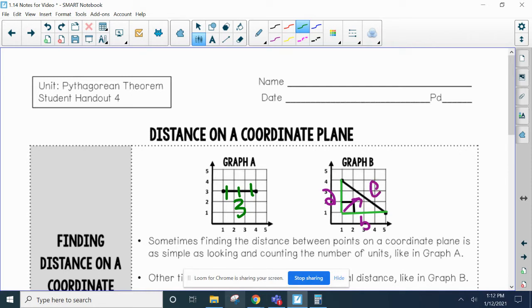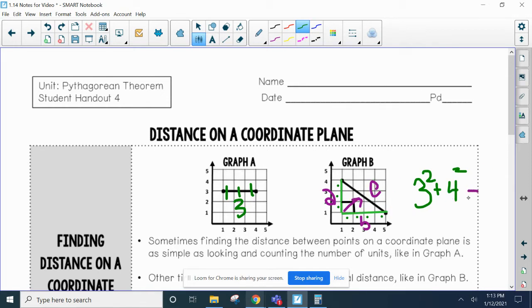We can use the Pythagorean theorem because in a coordinate plane, each of these units is going to form a right angle. So this is our right angle. We could count and say 1, 2, 3 for one side, so 3 squared. And then 1, 2, 3, 4. So our two shortest sides, those two sides that form this right angle, squared and added together, are going to give me that diagonal length.